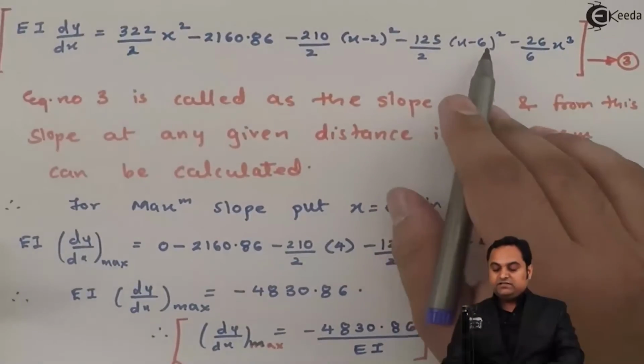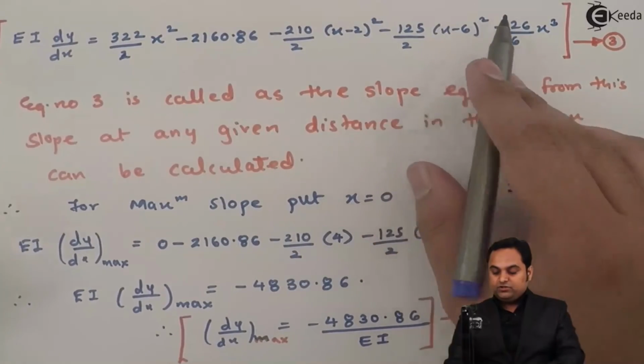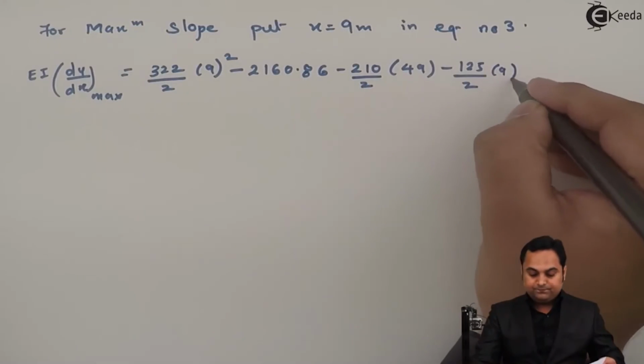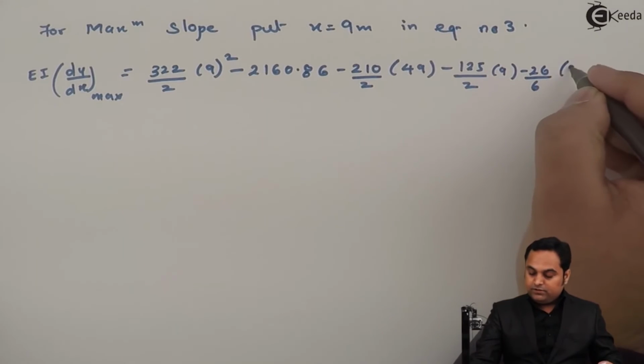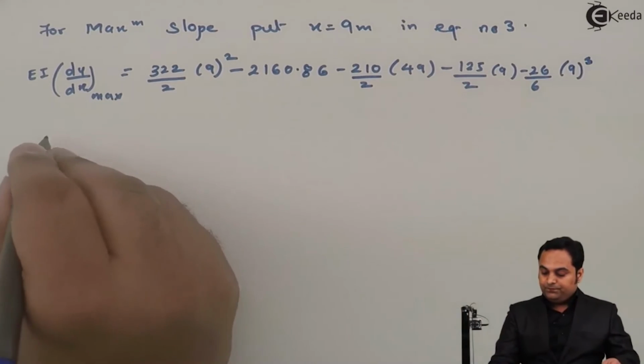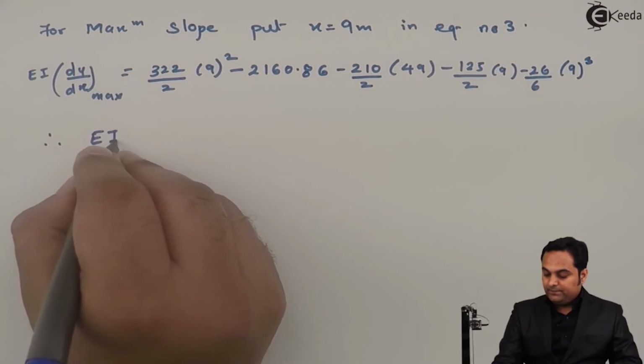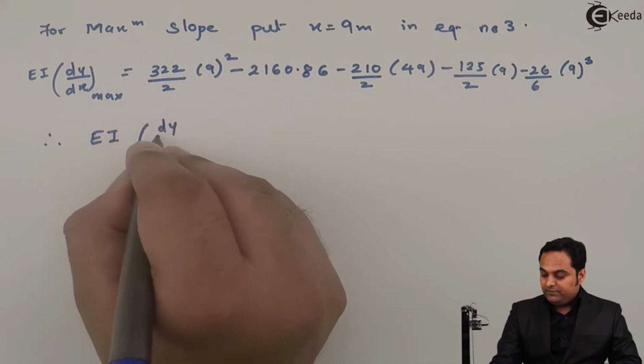Here we have 9 minus 6, that is 3, 3 square, that becomes 9, minus 26 by 6. Here we have 9 cube.